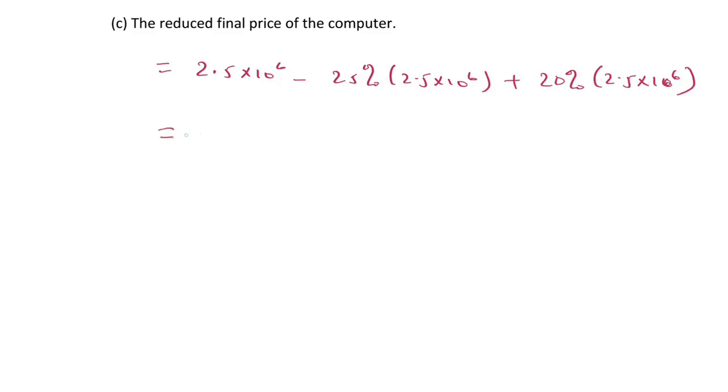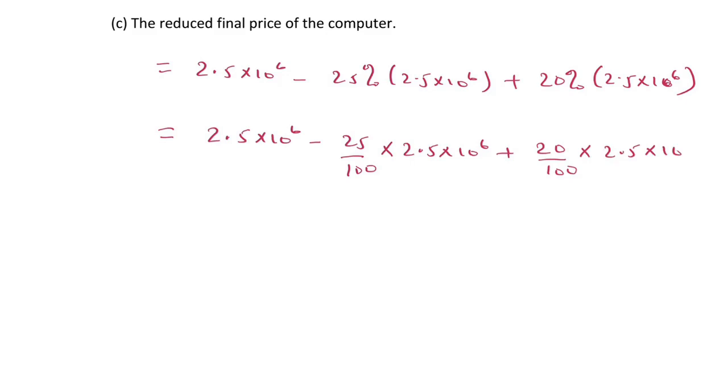Here we have 2.5 million minus 25 over 100 times 2.5 million plus 20 over 100 times 2.5 million, of which after solving the values we have 2,375,000, and this is going to be our answer.